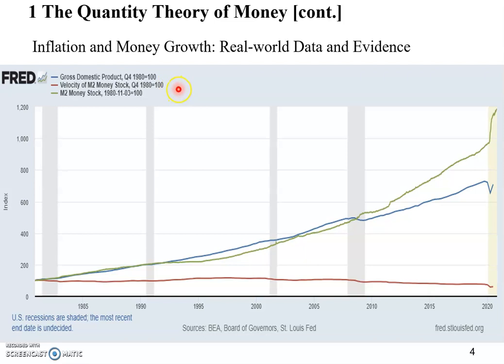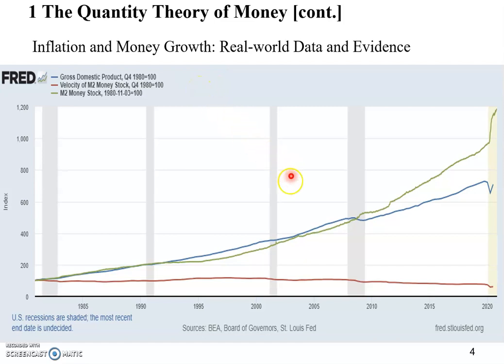The red one, at the bottom of the figure, is the velocity of M2. The green one is M2, the measure of the money supply. We showed you from 1980 all the way to 2020, in other words, the past 4 decades.